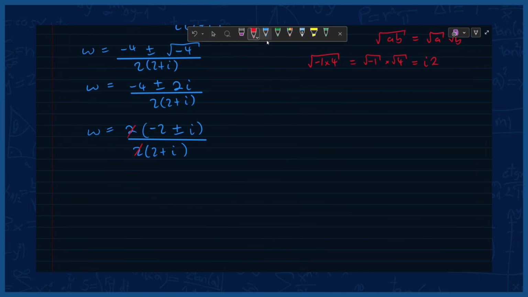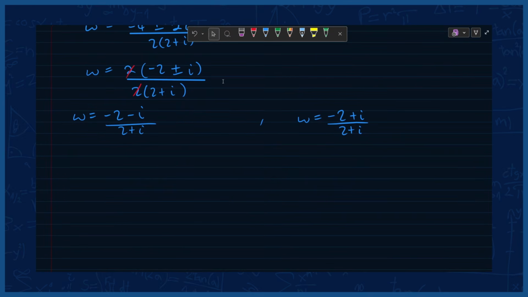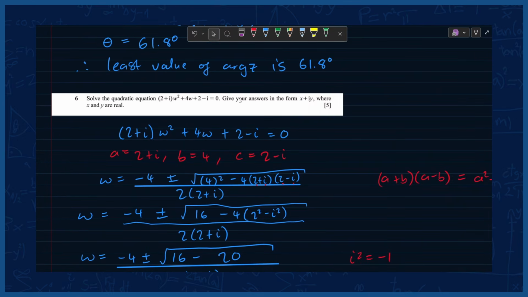So you end up with either w is negative 2 minus i over 2 plus i, or w is negative 2 plus i over 2 plus i. Okay. And they specify that they want their answer in the form x plus iy.